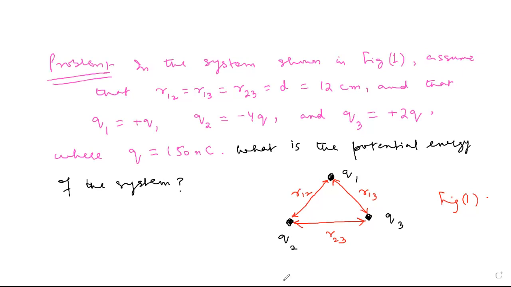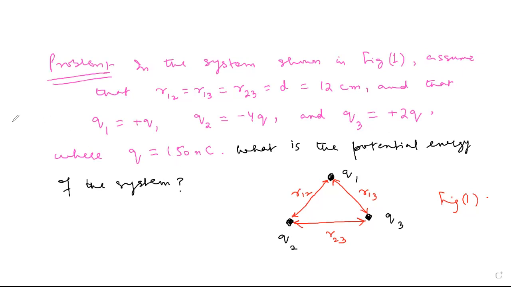And the problem says that assume all these three distances R12, R23 and R13 are equal to D equal to 12 centimeter. So all the separation distances are given as 12 centimeter, and Q1 is a positively charged particle with charge plus Q. Q2 is having minus 4Q charge, and Q3 is having plus 2Q charge, while Q is 150 nanocoulomb.